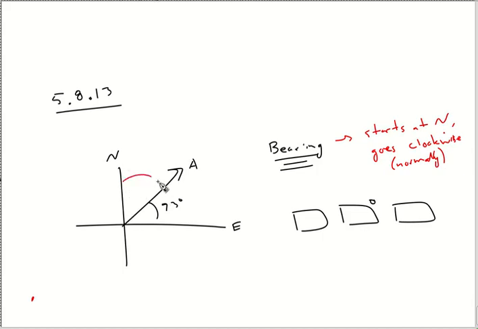I start from north. I go this way. Golly, I wonder what degrees this is. Yeah, you're right. It's 90 minus the 73 is 17. Very good. So 17 degrees goes right there. But this is where the bearing kind of stuff comes into play. You started at north and you went east. Didn't I go this way? From north, going east, 17 degrees.